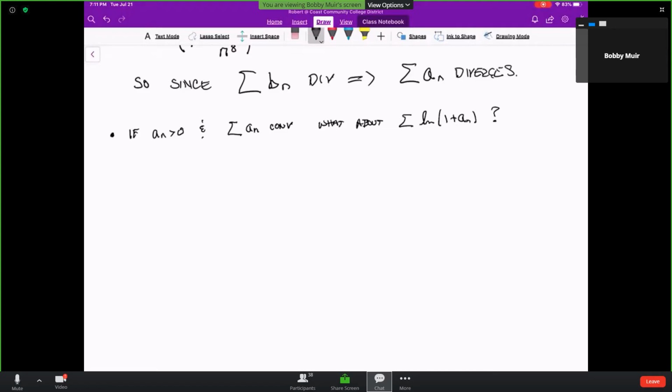Okay, now before we all start guessing here, let's talk about this. First of all, the logarithm takes numbers and makes them even smaller. Because this thing converges, that's going to imply that the a sub n go to 0.